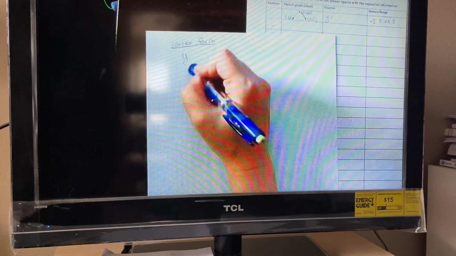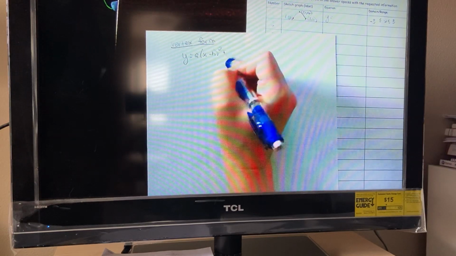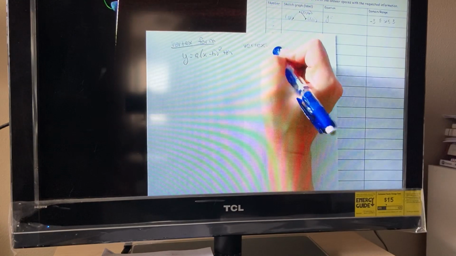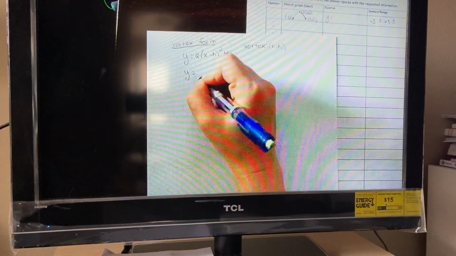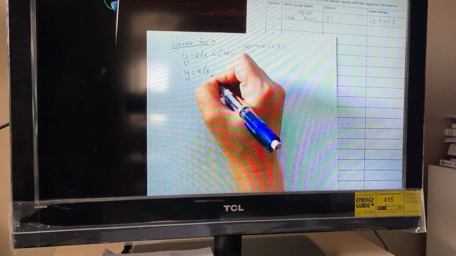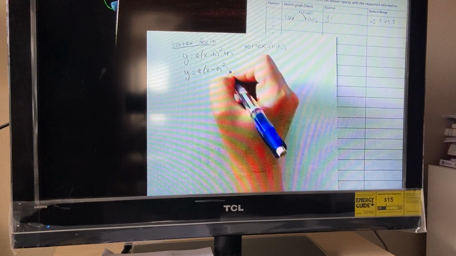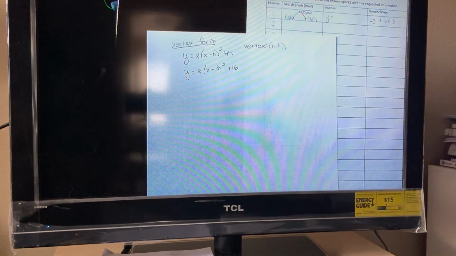Okay, it's y equals a times (x minus h) squared plus k, where the vertex is at (h, k). Okay, so I can actually fill in the majority of my equation. So y equals a times x. It didn't go left or right, so it's going to be 0 for h. I did go up 16, so it would be plus 16 out here. Okay, so all I need left is a, so I just pick another point.